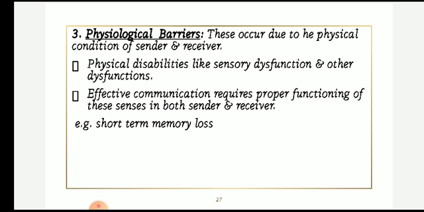If the sender is giving more and more information regarding some topic at the same time, there can be an overflow of that information, which will not be understood by the receiver, and it can become a barrier. This is an example of physical barrier.